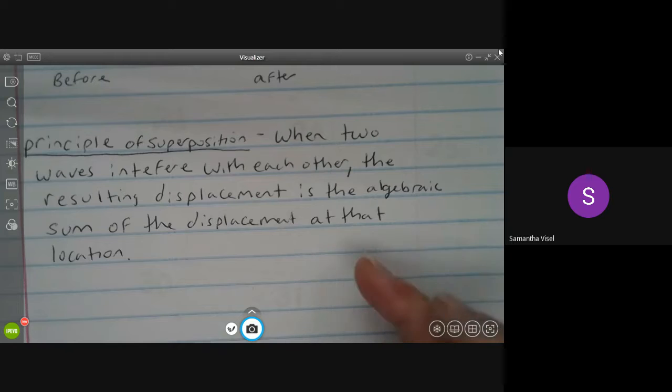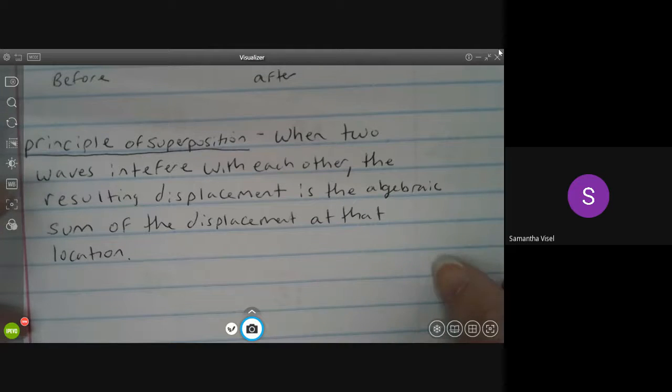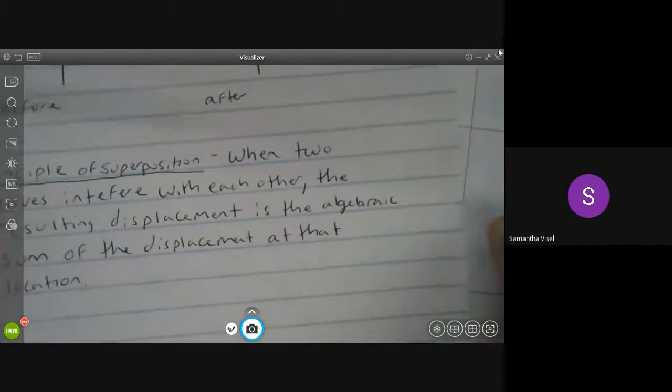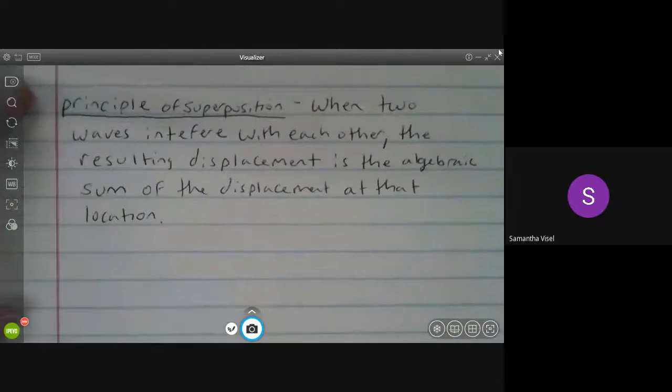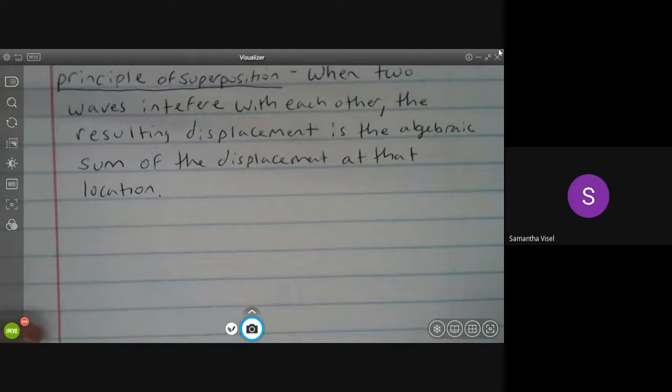So sometimes, even though this says algebraic sum, you will be subtracting because you'll have a positive number along with a negative number. Even though you're still adding them together, 2 plus a negative 2, you end up subtracting the numbers. Again, we'll look at some examples here, but in short, you're going to end up adding or subtracting displacements based on the position of the wave pulses.